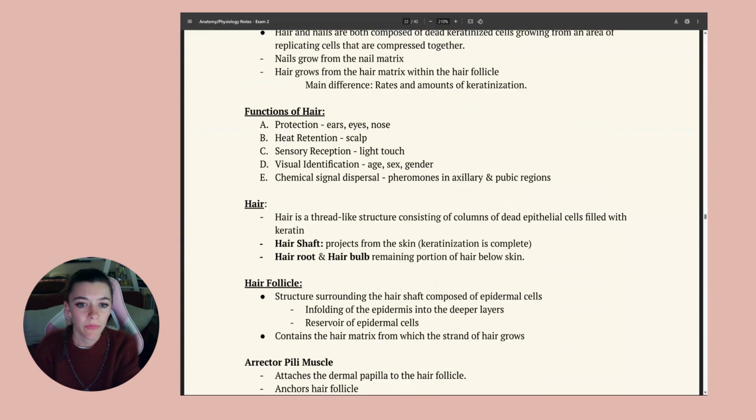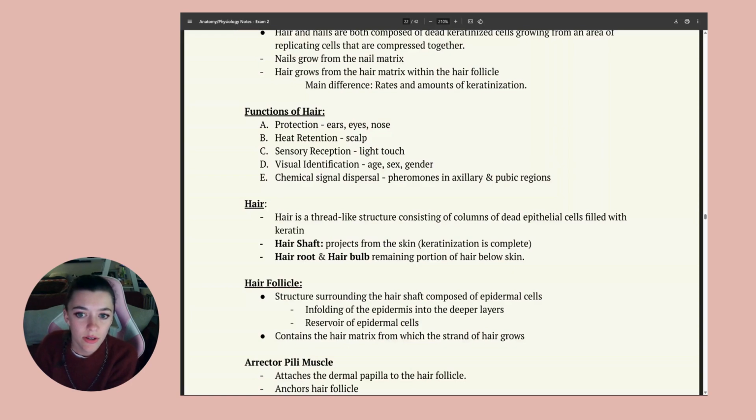Functions of hair. So you're going to have 5 different functions here: protection, heat retention, sensory reception, visual identification, and chemical signal dispersal. So an example of protection is going to be your ears, your eyes, and your nose. Your eyes, you have eyelashes. The whole reason we have those is to prevent stuff from getting in there and making us go blind.